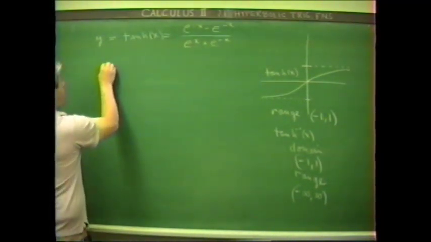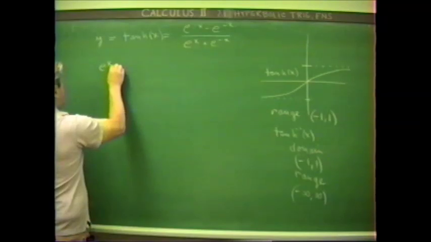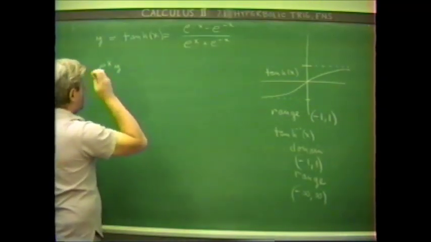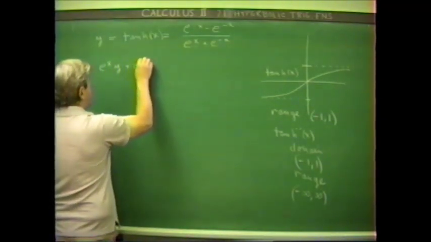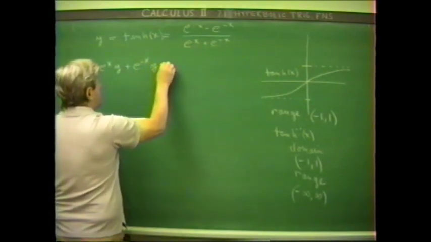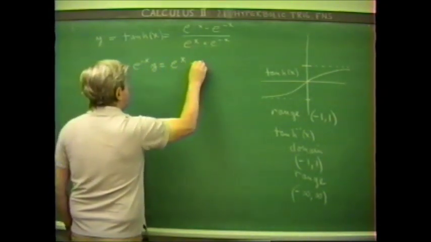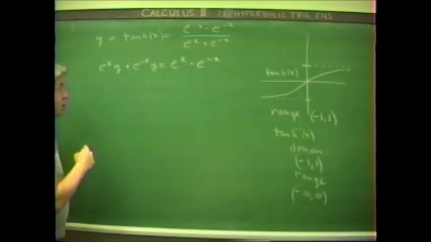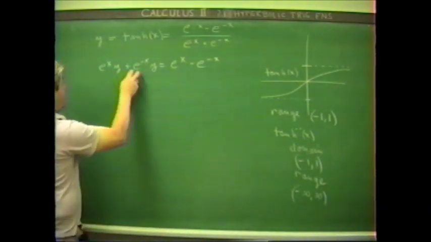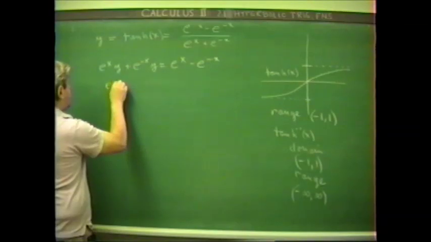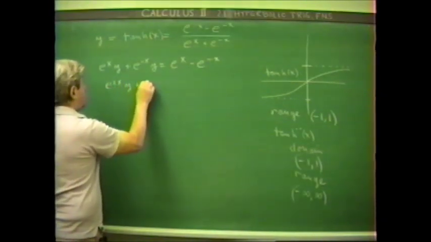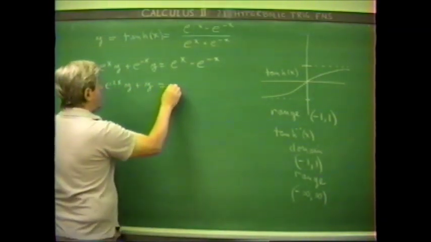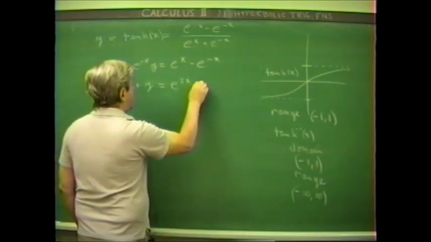And so we have e to the x times y plus e to the minus x times y equals e to the x minus e to the minus x. Let's multiply this through by e to the x so that we get e to the 2x times y plus y is equal to e to the 2x minus 1.